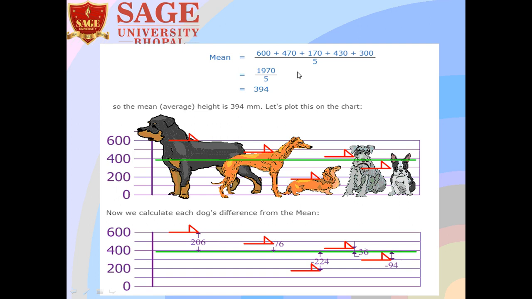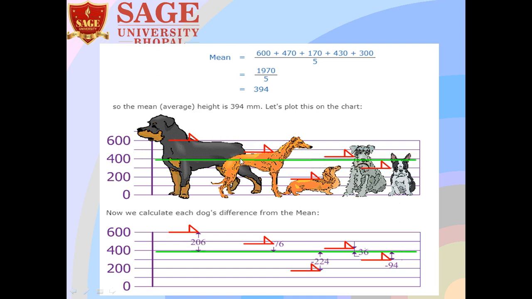For the mean, we add these 5 values and divide by 5 because we have 5 dogs. After dividing, we get 394 millimeters. So the mean, or average height, is 394. This green line here depicts the value 394. This is 400, and 394 is approximately close to 400 itself.